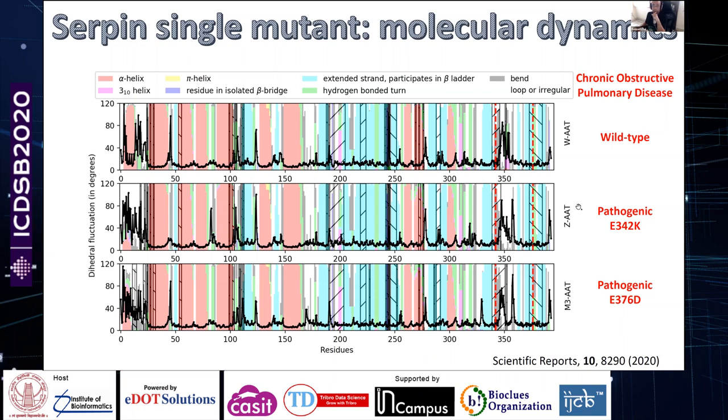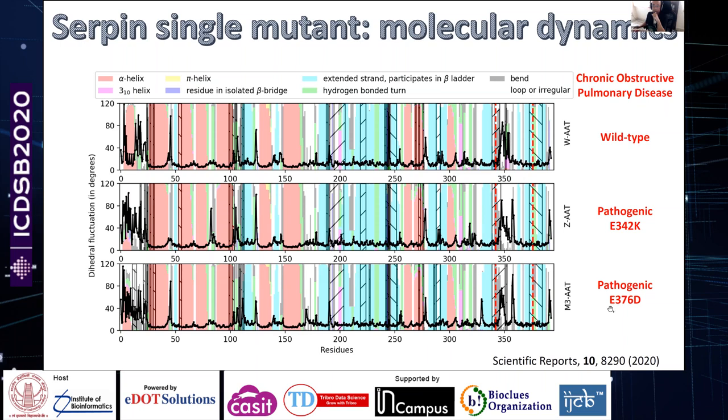But when you have a single mutation, for example glutamate to lysine, it becomes pathogenic, which means that this protein is no more very stable. It aggregates, and you get a disease called chronic obstructive pulmonary disease.